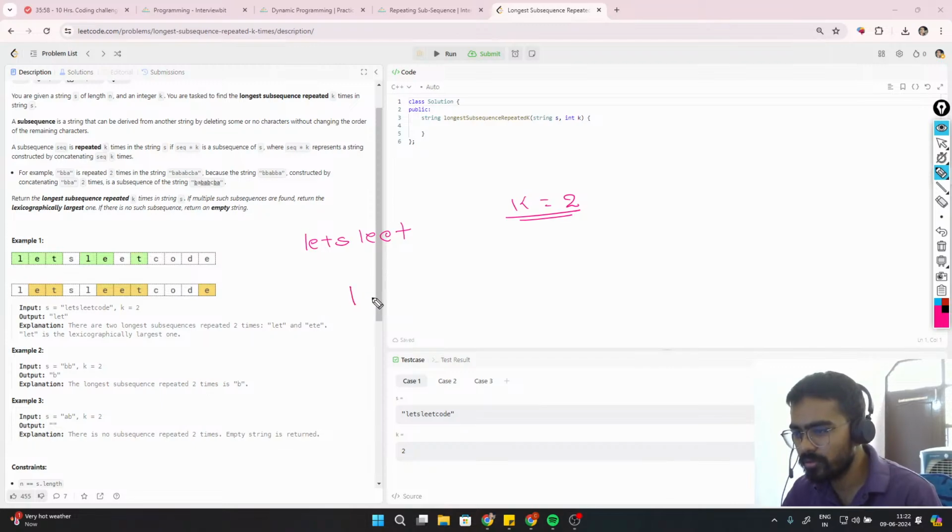So is it possible that I pick LE then T from here and LET from here? This might also be possible that I'm picking this.